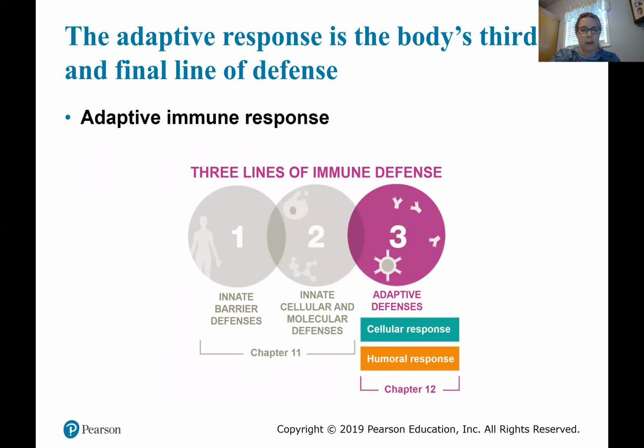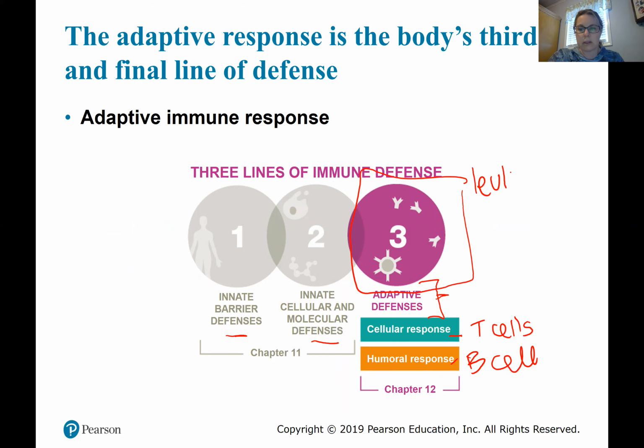So chapter 11 looked at our first and second line of defense. And today we're going to get into the third line of defense, the adaptive immune system, which includes cellular responses, which is going to be T cells or T lymphocytes, and B cells or B lymphocytes.